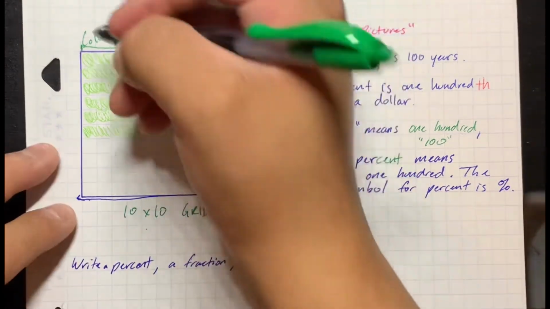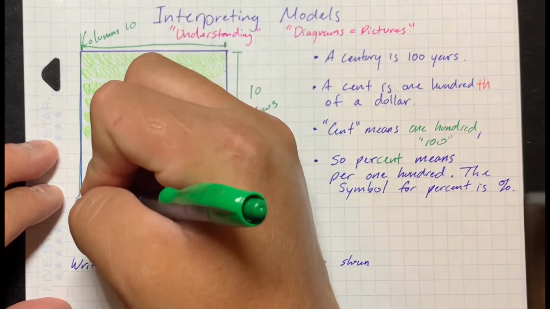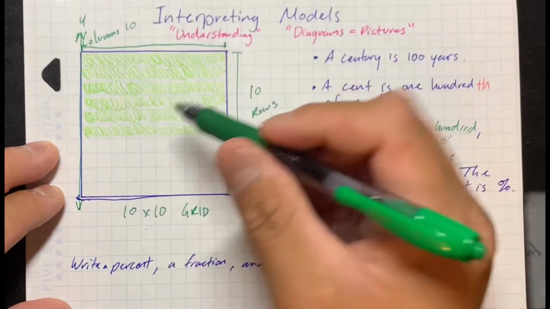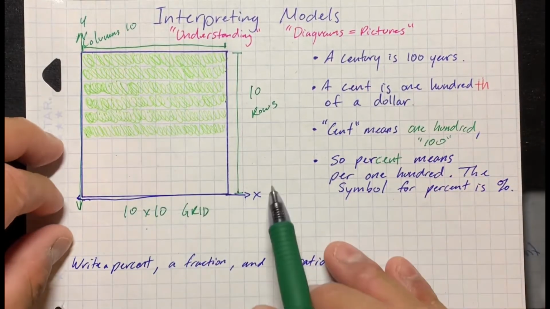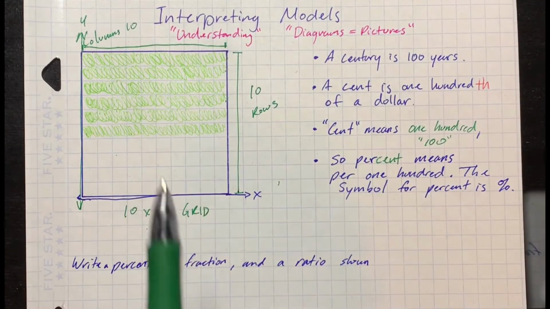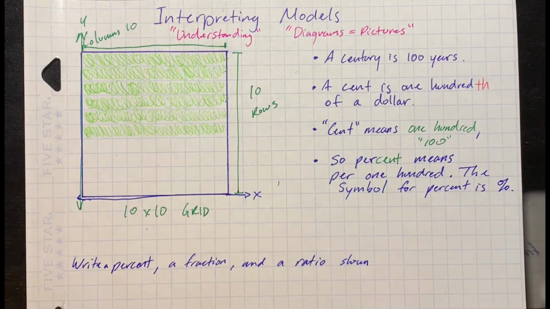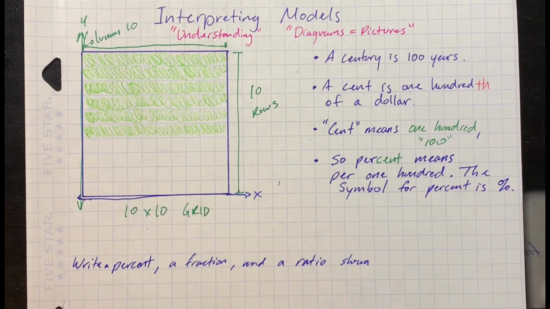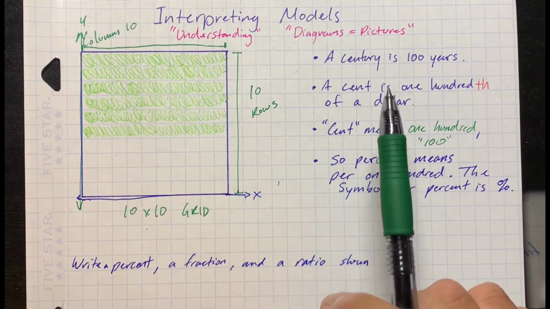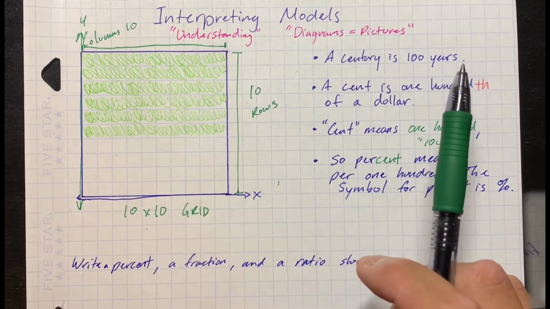Your y-axis, your vertical number line, again has 10 rows. Okay, so this is a 10 by 10 grid. We'll revisit this in a bit. But because we're working with a 10 by 10 grid, and we're going to interpret models, understand pictures, let's just look at this. So a century is 100 years, okay?